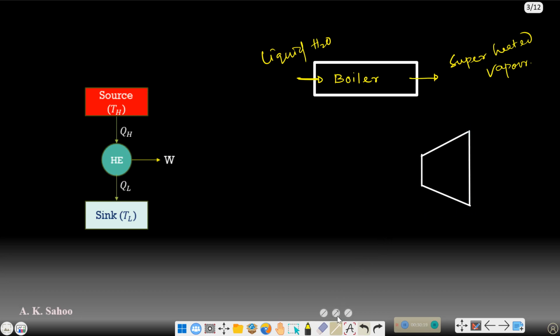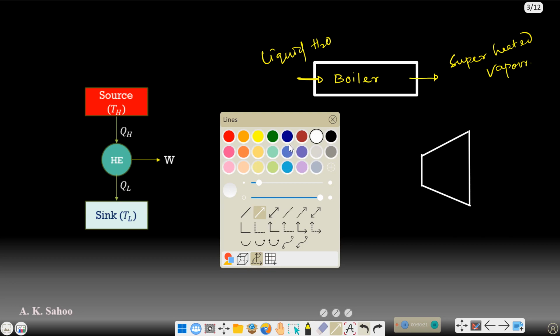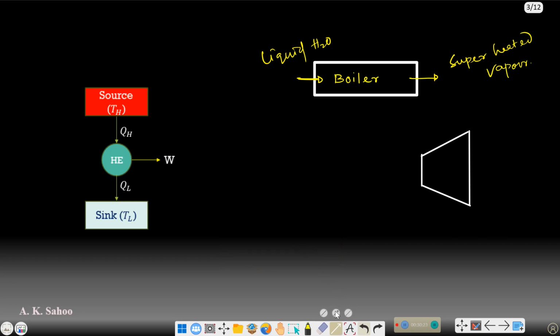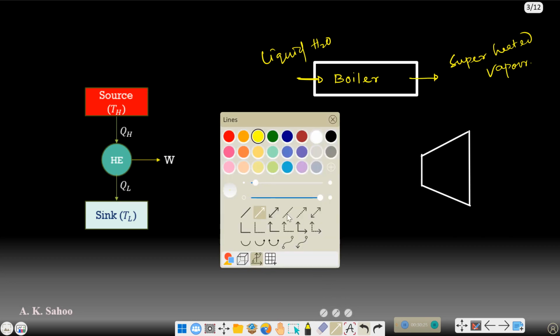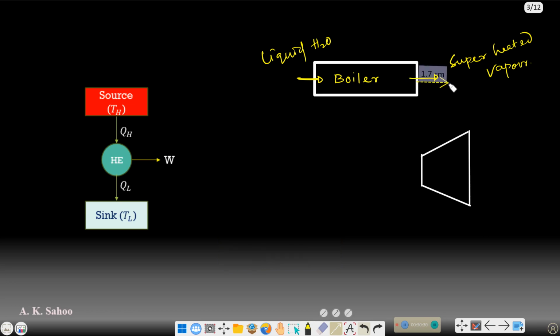We are getting the superheated vapor from here, and now I am supplying this superheated vapor to this particular device.